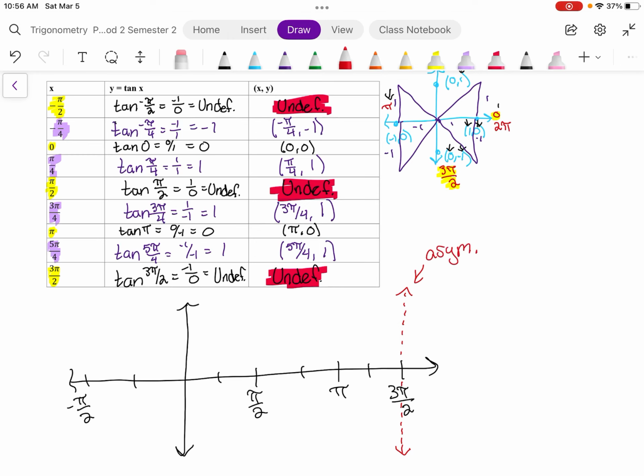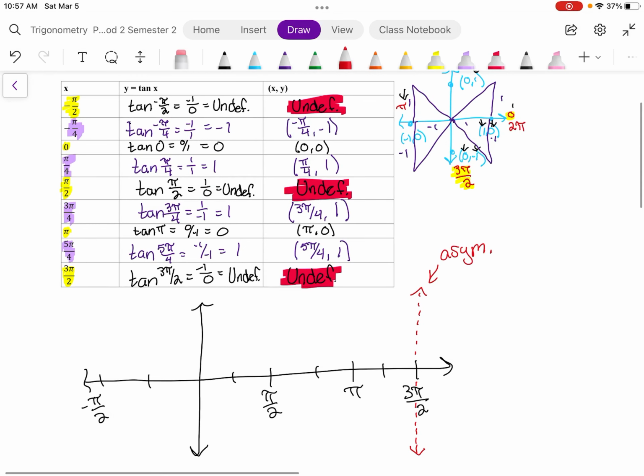And a lot of times that's just abbreviated ASYM for asymptote. So we're going to have one of those at all of the x values for where tangent was undefined, which starts at negative pi over 2, and then pi over 2. And then the third one was at 3 pi over 2, which I've already drawn.